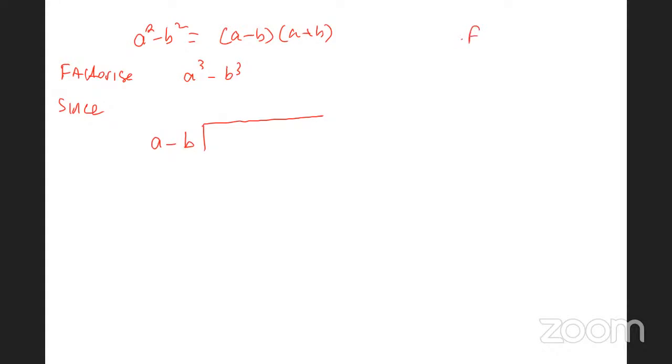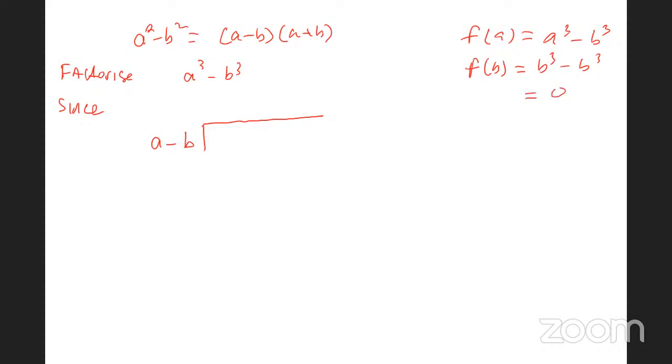If f of x is equal to a cube minus b cube, you can check and see what is f of b. Let's make it a little more specific. Let's call this e. Check what's f of b. F of b will be b cube minus b cube, which is 0. So it should work out.